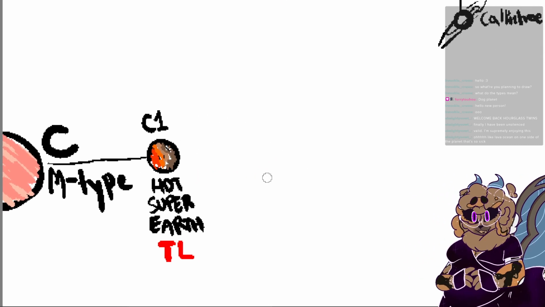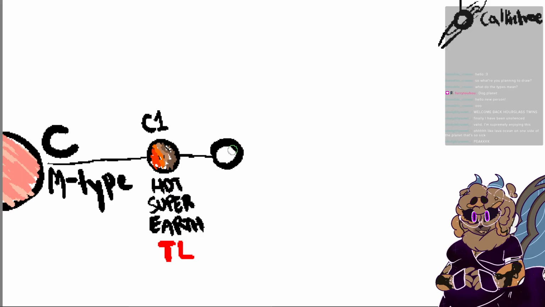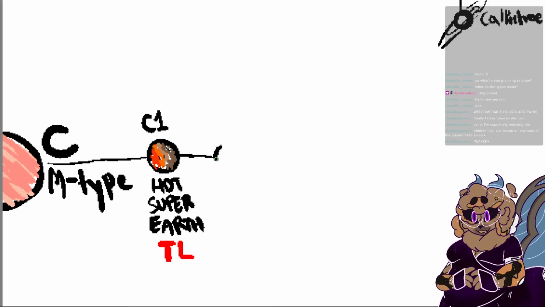And I think the next planet that I want to have, I don't really have a Venus analog yet, so I don't need analogs for real-life planets, but I do think they're fun. So I think having a miniature Venus would be fun here. Like, C2 here. This will just be a Venusian planet with a thick atmosphere.